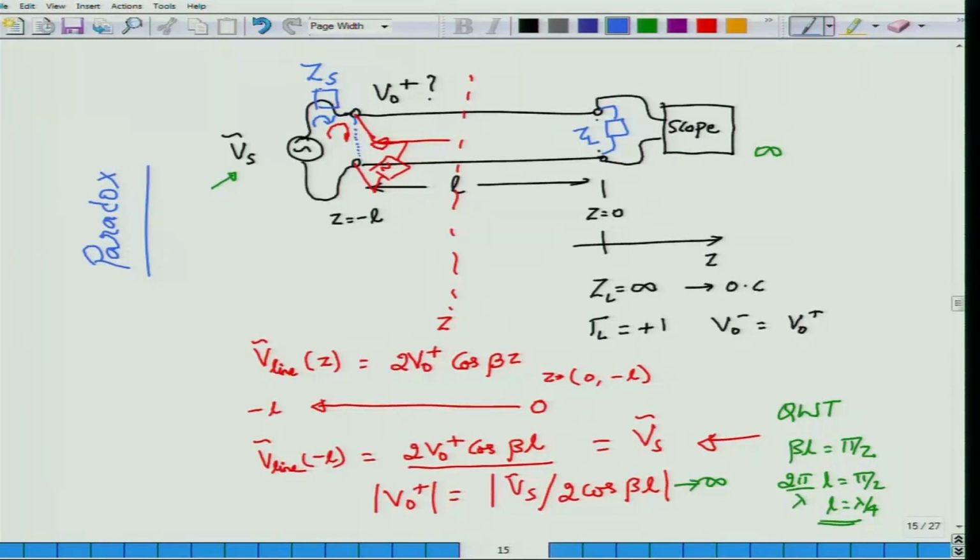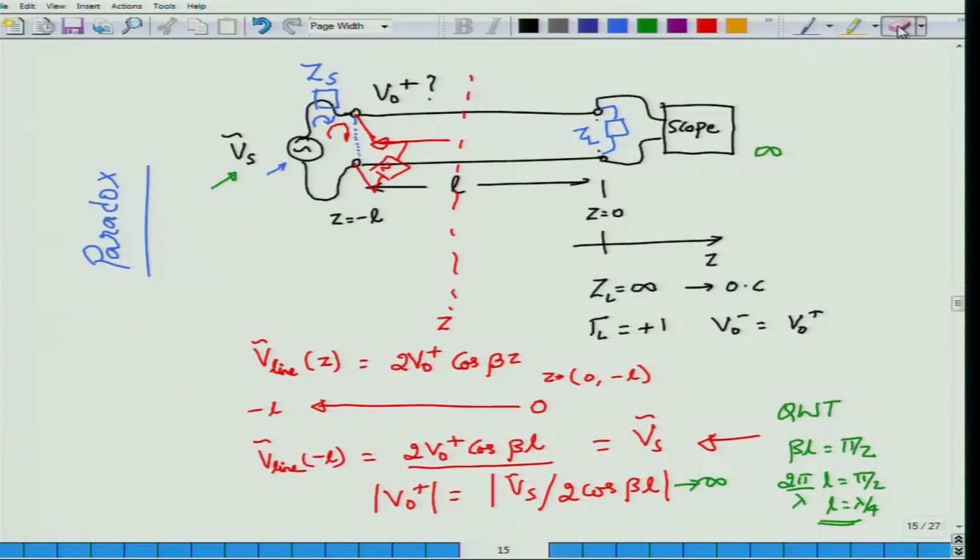The line current flowing through the source impedance Zs will create a certain voltage drop here, and the total voltage that you need to sum must be equal to the source voltage Vs: the line current multiplied by Zs to give the drop across Zs, plus whatever the line voltage is.